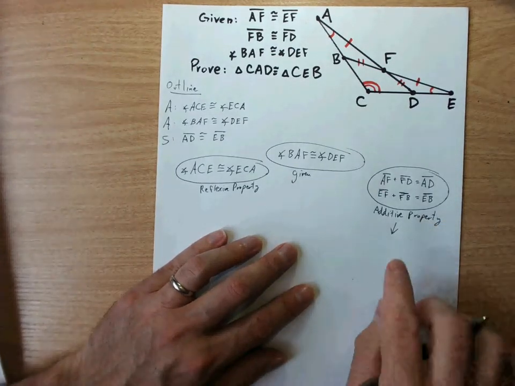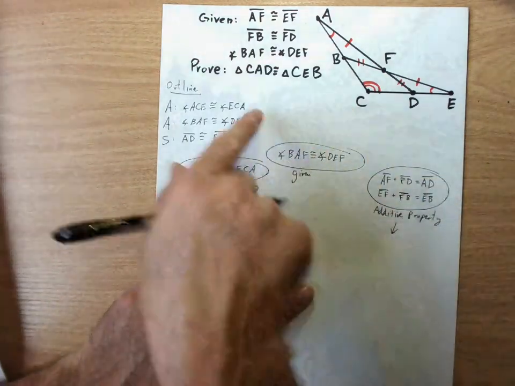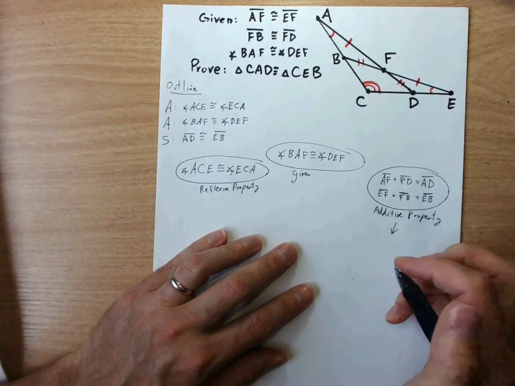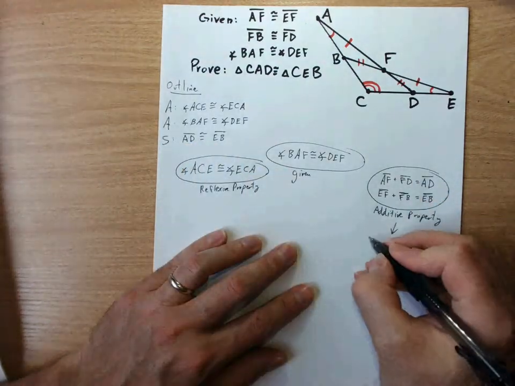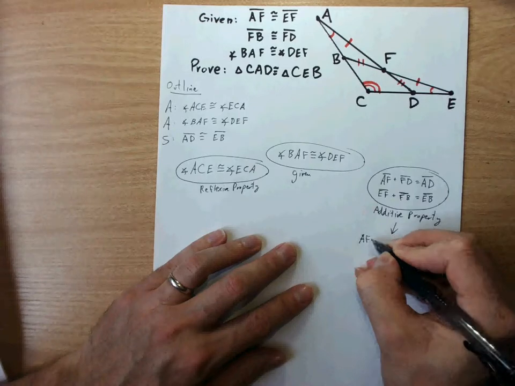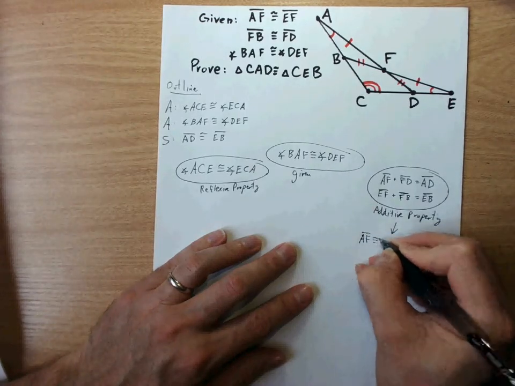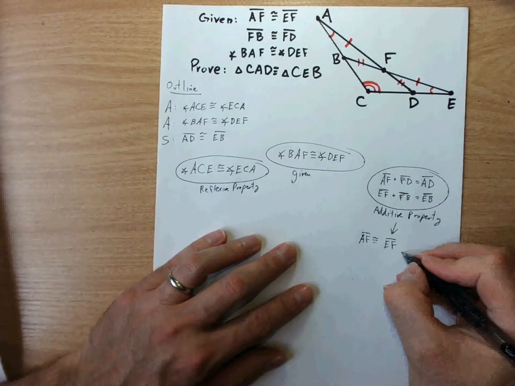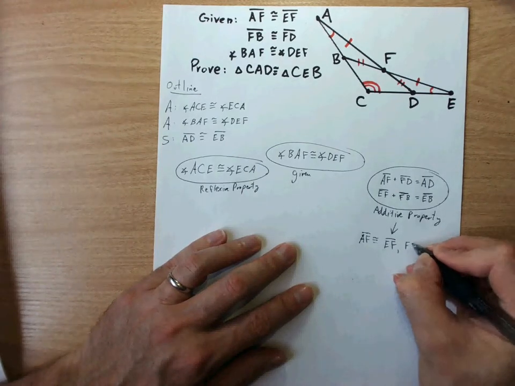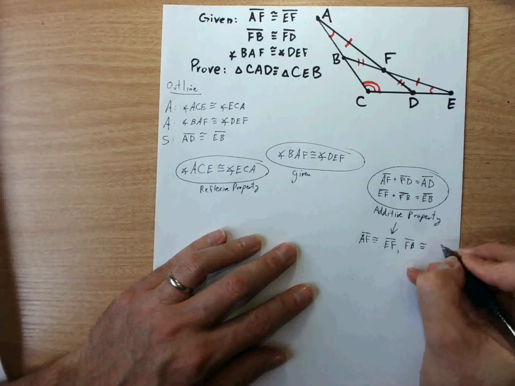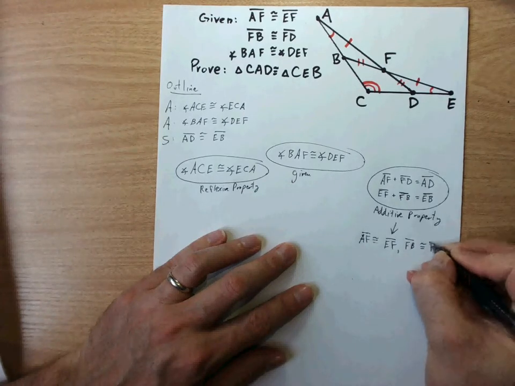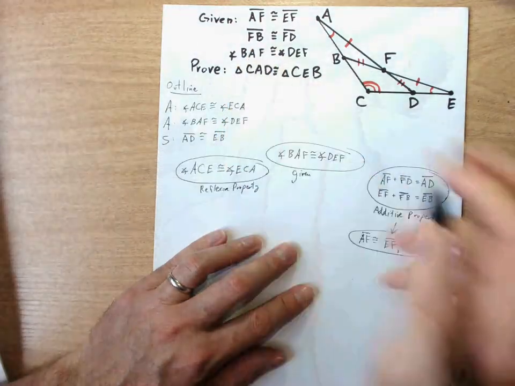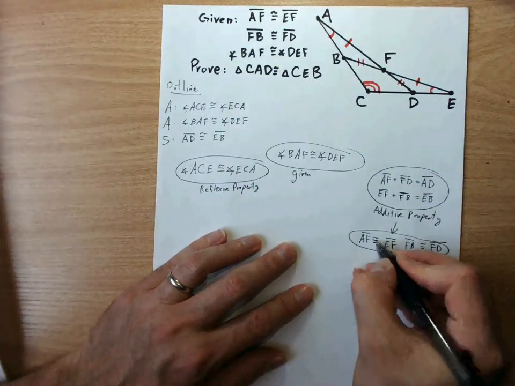Right. And from that, I can state what was given, because I'm going to add those two together to get to this last statement here. Okay? So I can write segment AF is congruent to segment EF, and segment FB is congruent to segment FD. And of course that was given, right?